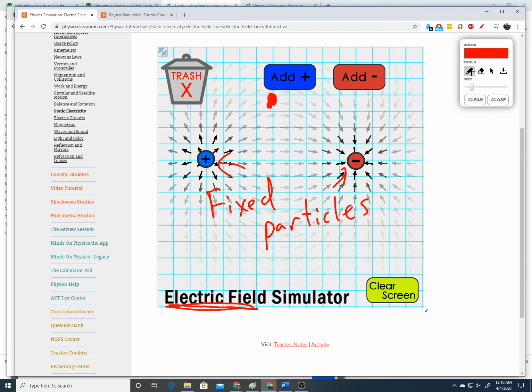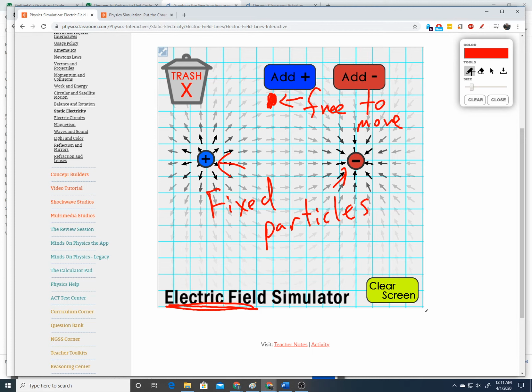The lines describe how my field distorts the path of a new free-moving particle that's placed in its proximity. Free to move.